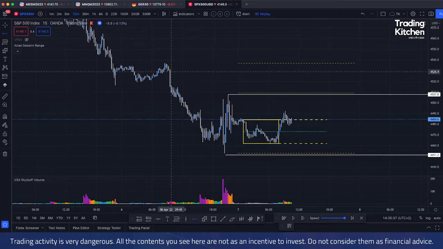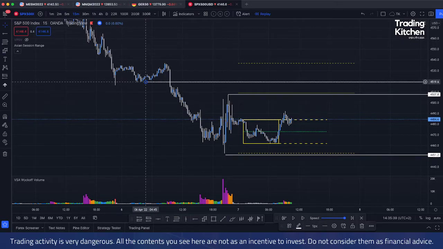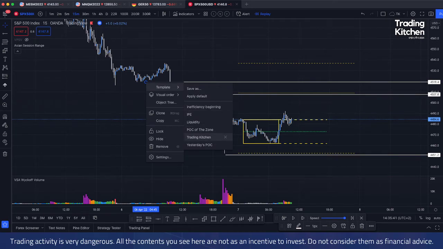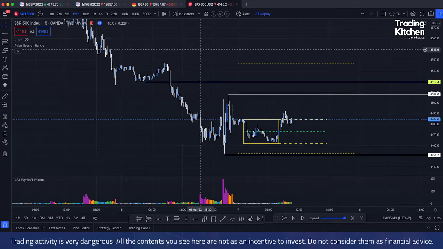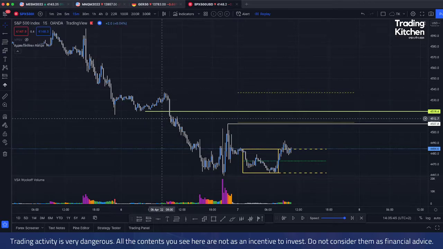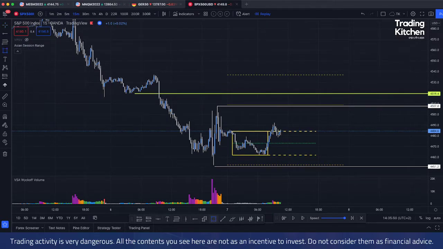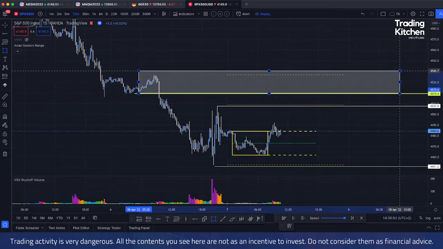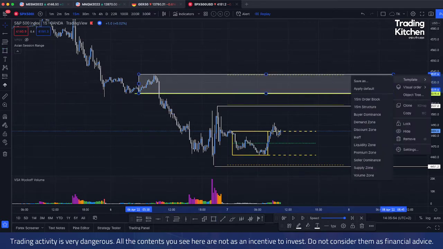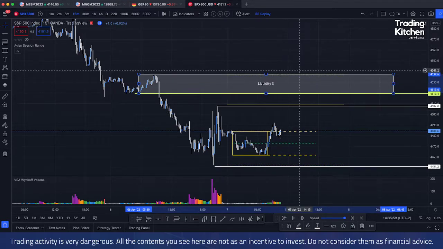This is an inefficiency, so we have a lot of volumes here. So the best zone in this case to short is this one. So I will wait for the price to reach this zone to go short. Okay, so let's move.